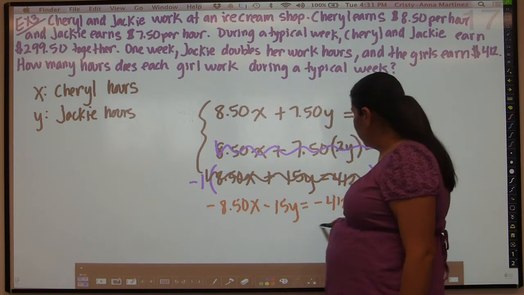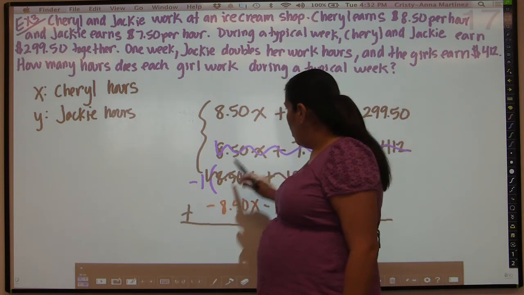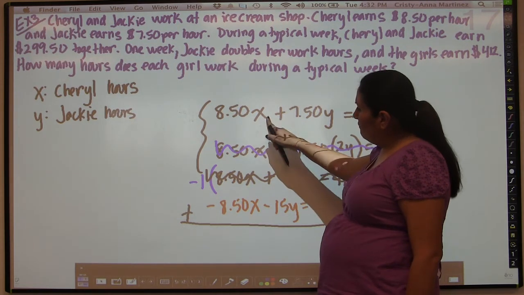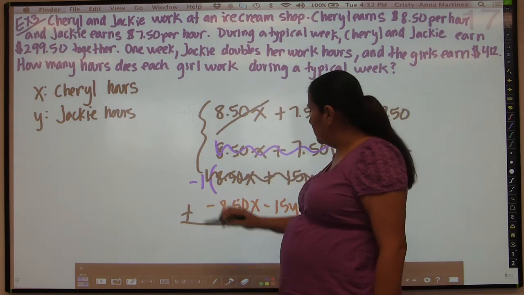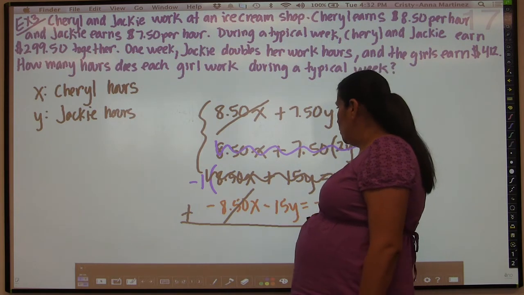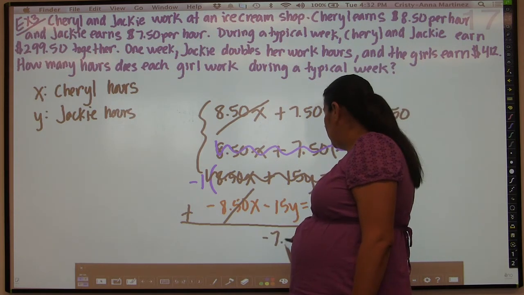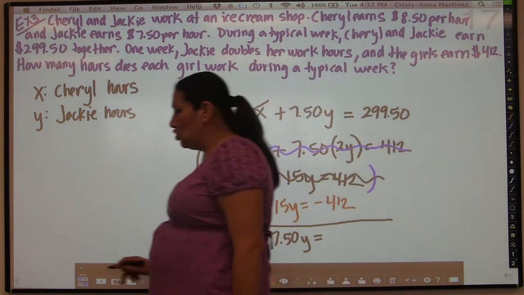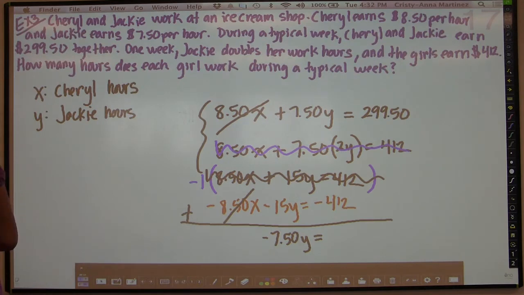And the two equations that I'm going to be adding together are the very top one here and the orange one down here. So 8.50 minus 8.50 will cancel. And then you have 7.50 minus 15y is negative 7.50y. And then we have 299.50.